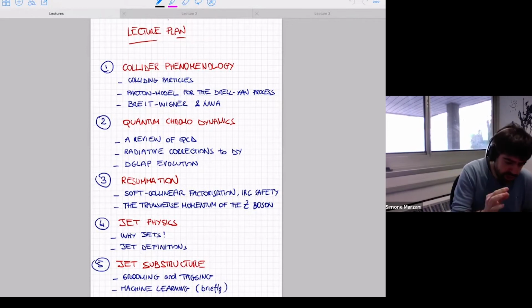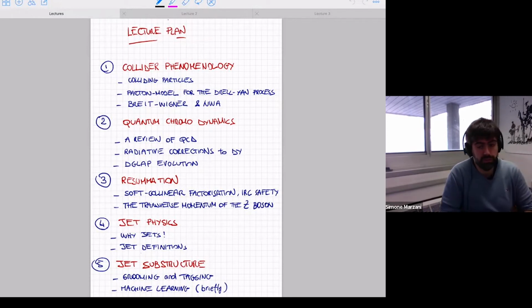So crucially, we said, well, we only care about the muon pair, and we sum over all possible radiation. And this allowed us to sum the real and virtual corrections, and so to cancel some of the emerging infrared singularities.